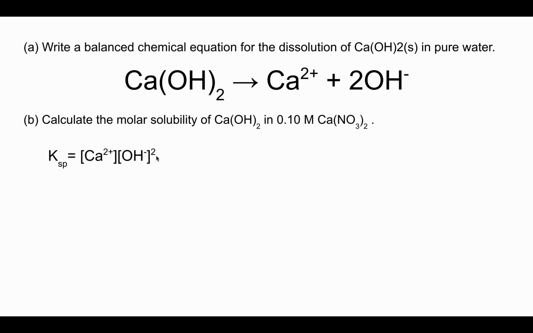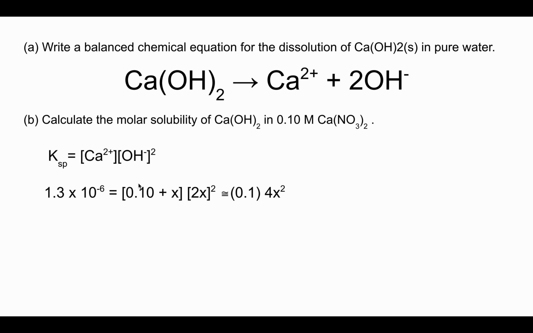Now that we have our solubility expression, we can plug everything in. So here we plugged in the Ksp, which we were given at the beginning of the problem, which is 1.3 times 10 to the negative 6. Here we plug in the concentration of calcium 2+.